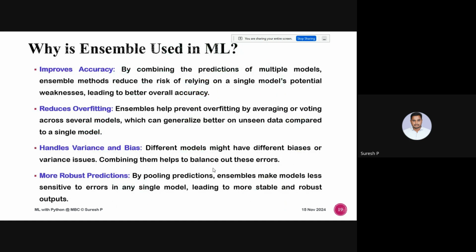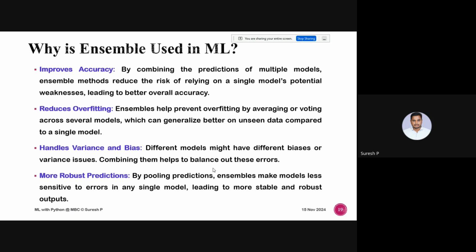So what are the reasons for using ensemble techniques in machine learning algorithms? There are some reasons because of which we are having ensemble learning techniques. The first one is it will improve the accuracy. Yes, of course, because if you make predictions with one model, the predictions may be wrong and the accuracy may be less.